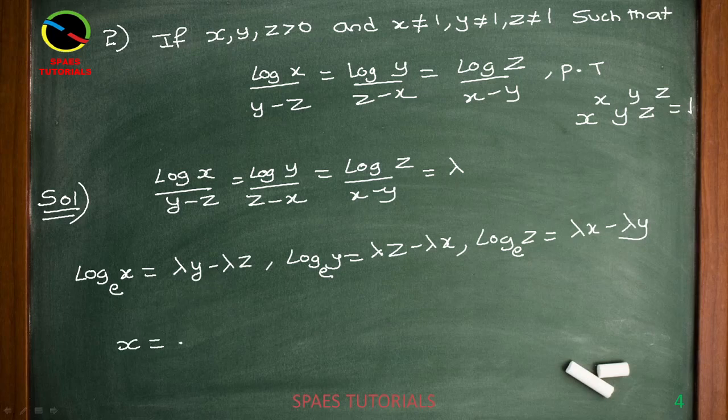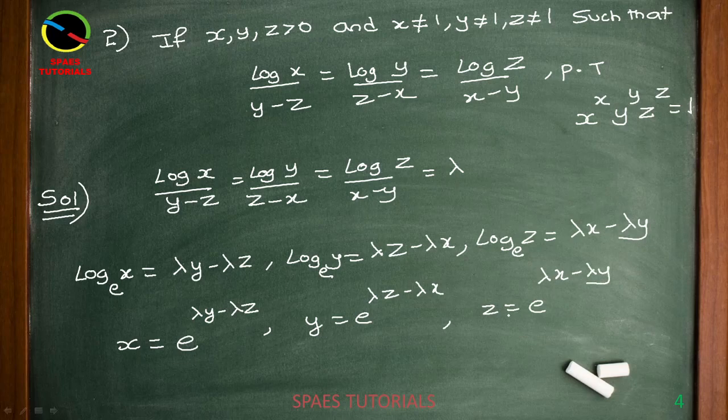Therefore x will become e power lambda y minus lambda z, y will become e power lambda z minus lambda x, z will become e power lambda x minus lambda y. So now x power x is going to become e power lambda xy minus lambda xz, and y power y is going to become e power lambda yz minus lambda xy.